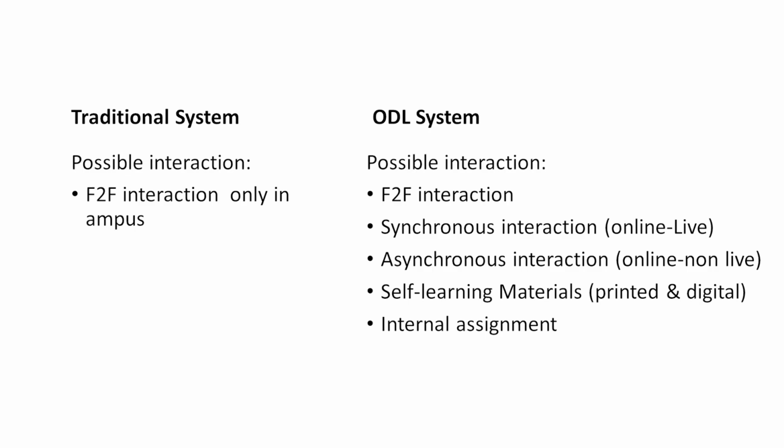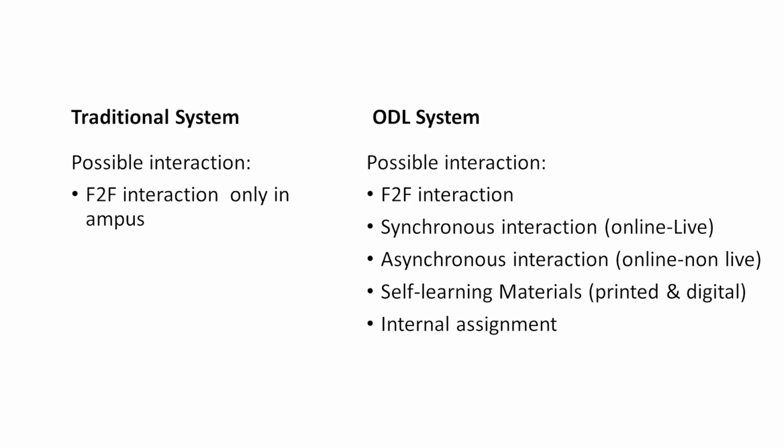These are the possible interactions by which we can reach thousands of students. We have the provision of face-to-face counseling, that we call the personal contact program. The synchronous interaction is online live through LMS, Google Meet, or Zoom.